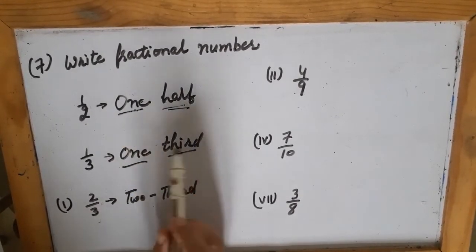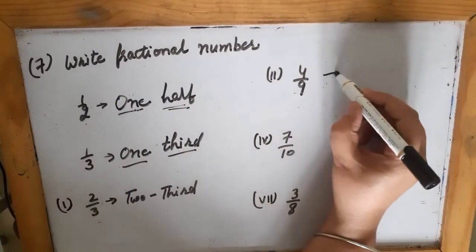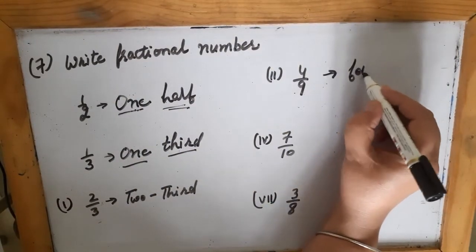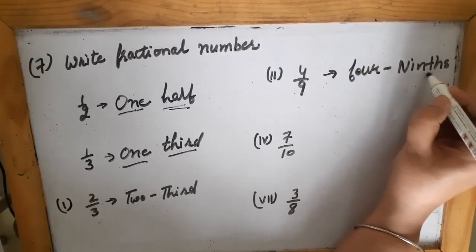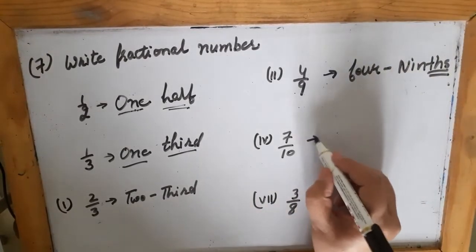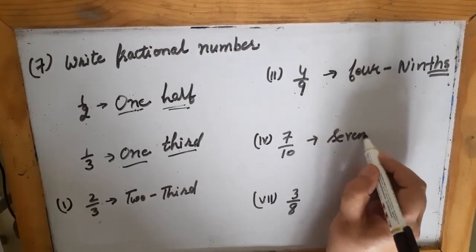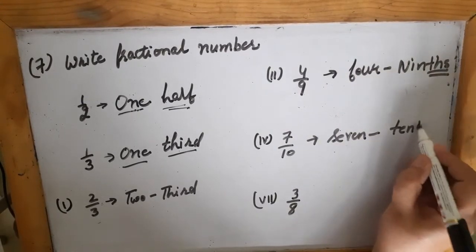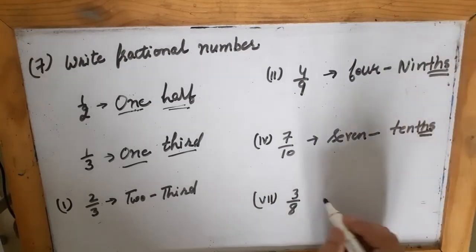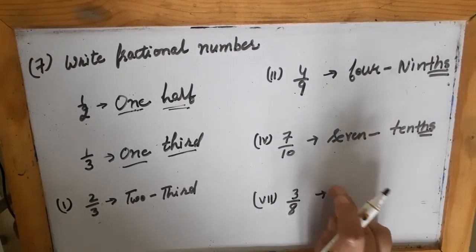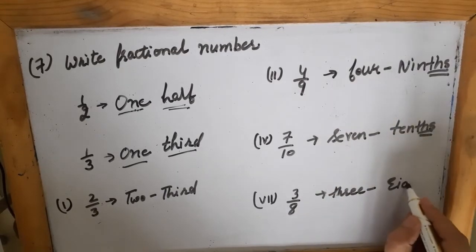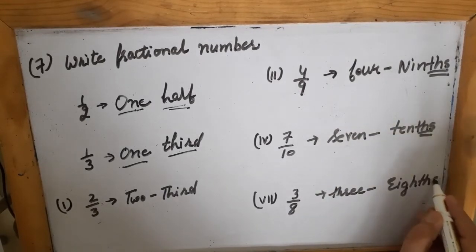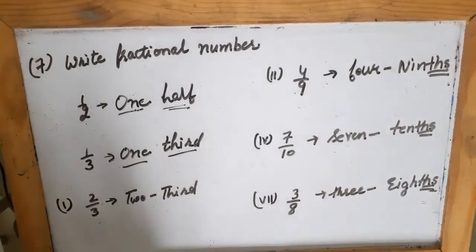Two thirds, one third, one half. Now for this you will write 4/9: four ninths. You add THS to it. This also, 7/10 means to the denominator you add THS, and then 3/8, THS you will add at the end.